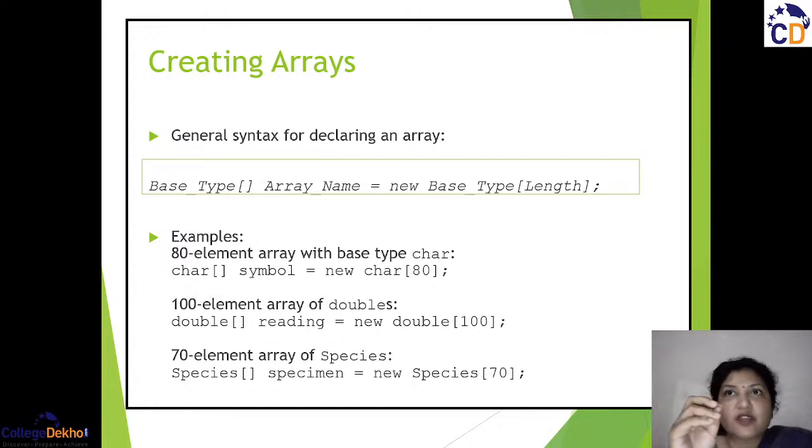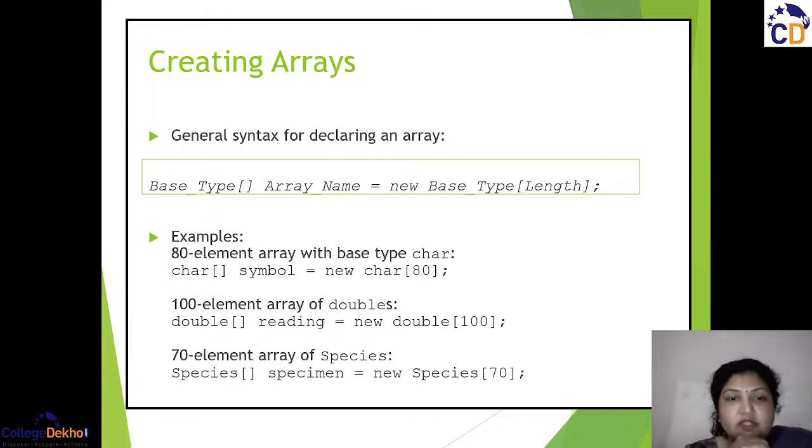So char, no size is mentioned here. You are just defining the array name, and then we have new, one keyword for defining the character array, and then the size of that array, that is 80. Again, I have taken doubles, or floating point numbers: reading is the array name, and then we have new double, and 100 elements in this.